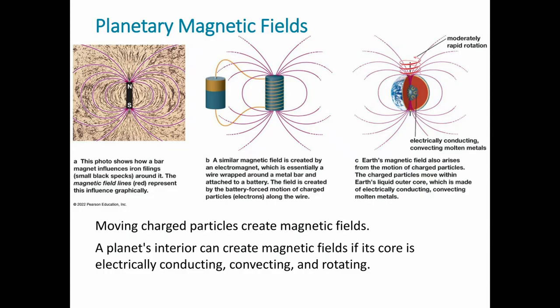And the only way that you can get a magnetic field is if the inner parts of your planet are still able to move with respect to each other. So you need geologic activity, basically, in order to maintain your magnetic field.